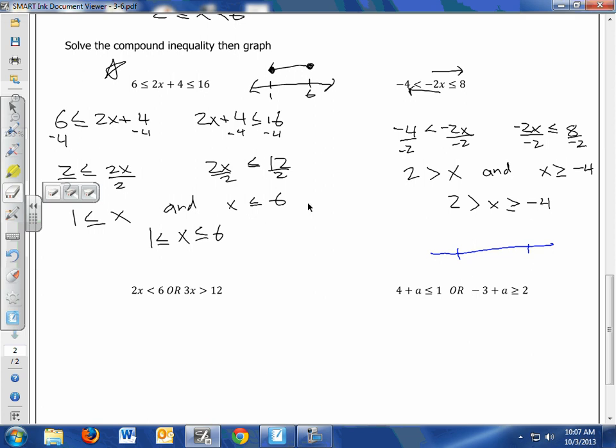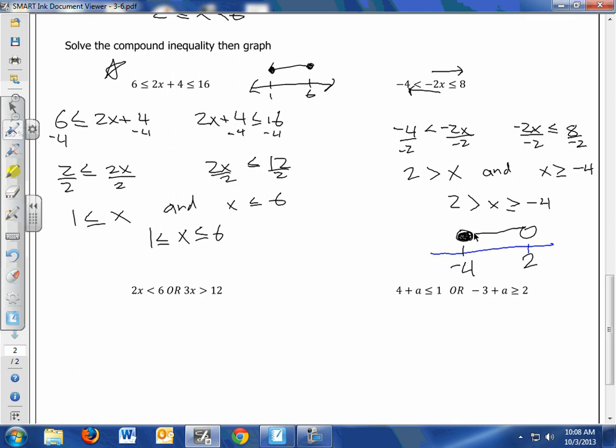Negative 4 is the smaller number. It needs to go over here. 2 is the bigger number. It needs to go over here. Now, you are correct in saying my numbers are between those two, but we are greater than negative 4 and we are less than 2.